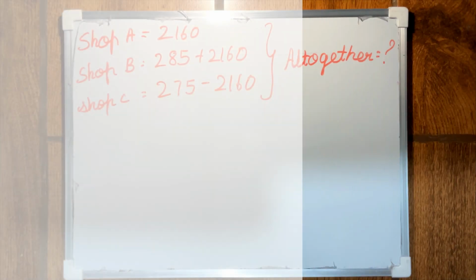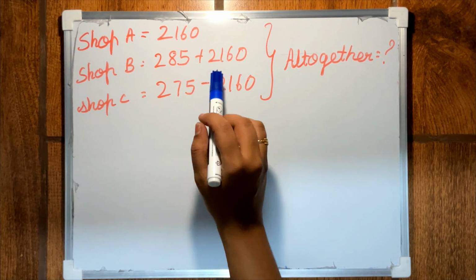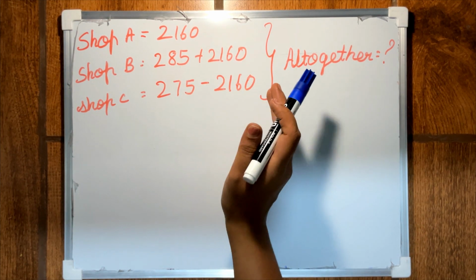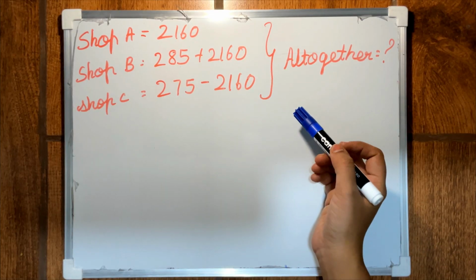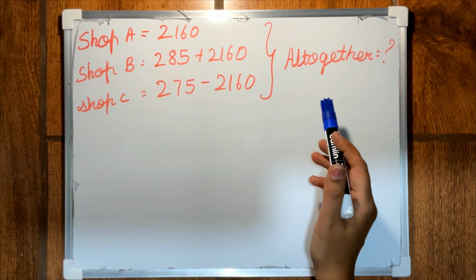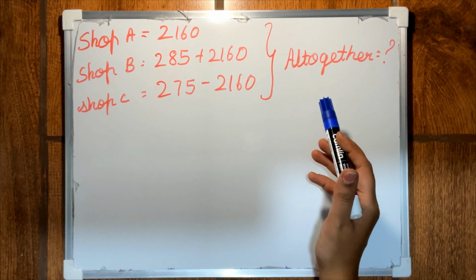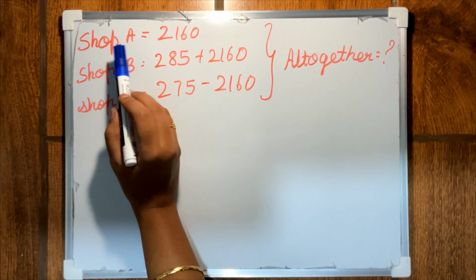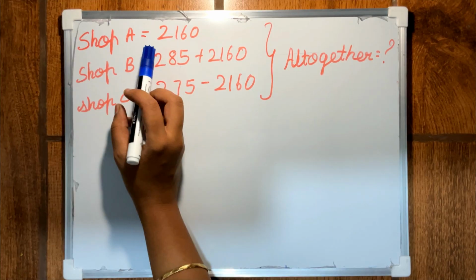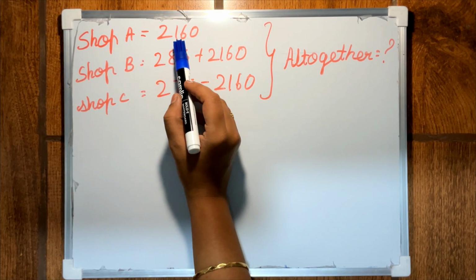I have split the question and written it like this so that we can solve the problem easily. As I said, for word problems, you have to understand the question first. So first, how many bags of tea does Shop A have?